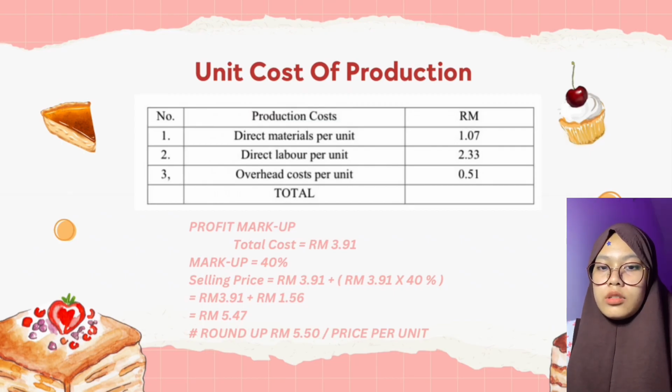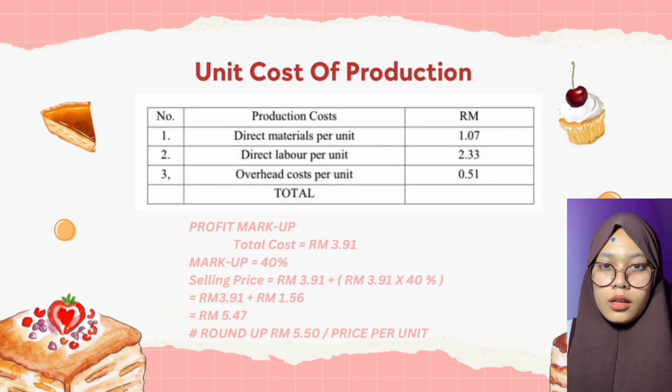And then you need to add it to the total cost, which is 3 ringgit and 91 cents. Then the selling price should be 5 ringgit and 47 cents. But to round up the price, we sell it for 5 ringgit and 50 cents per unit.